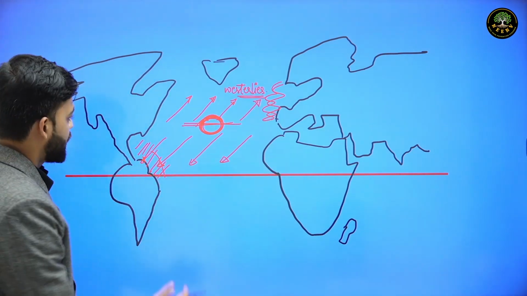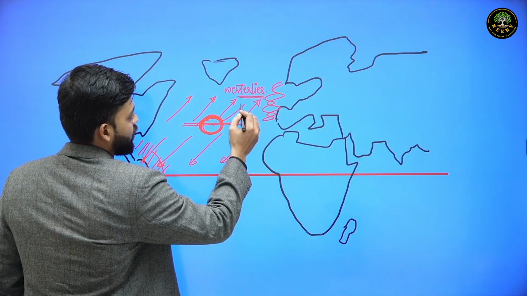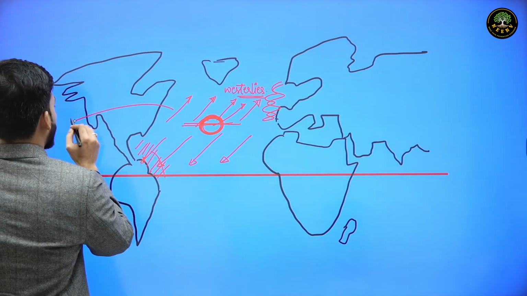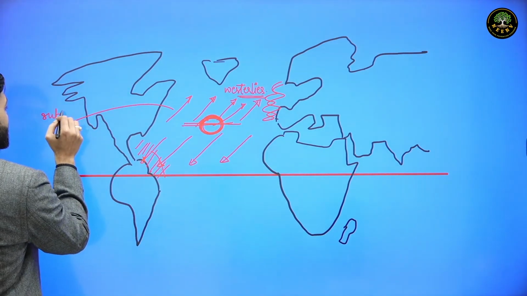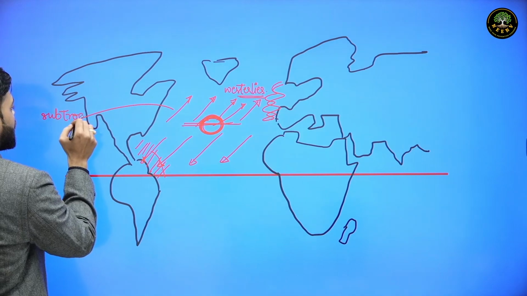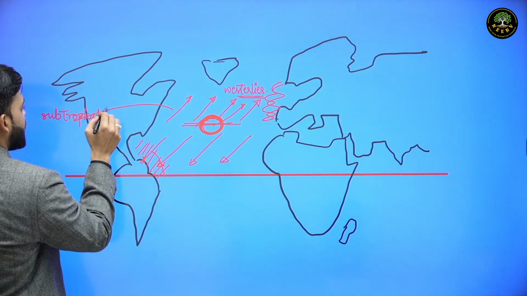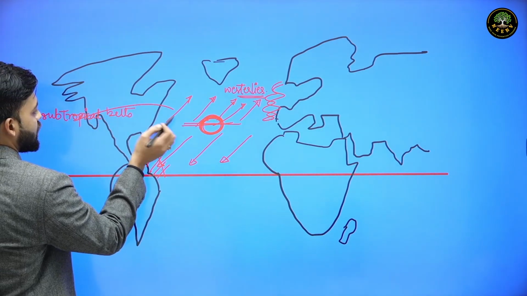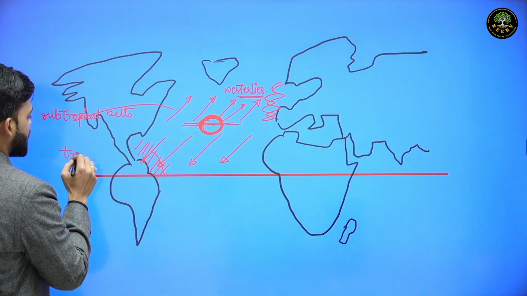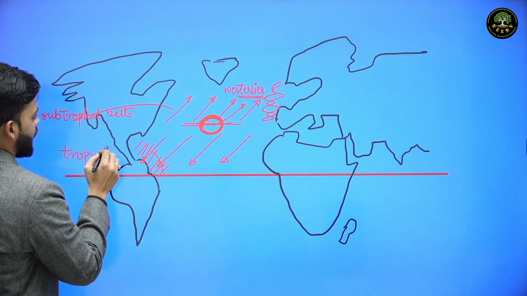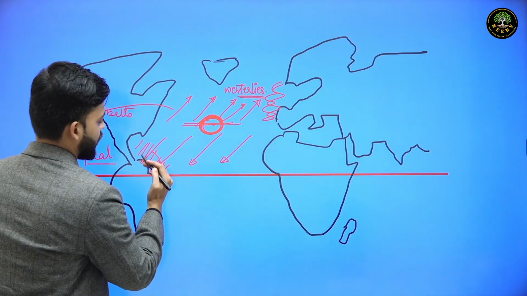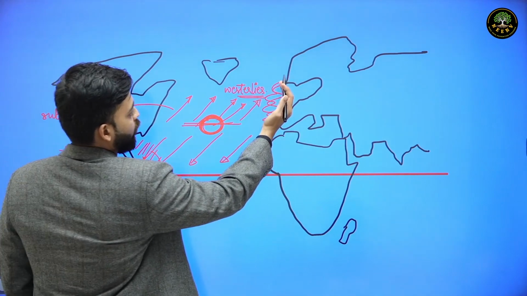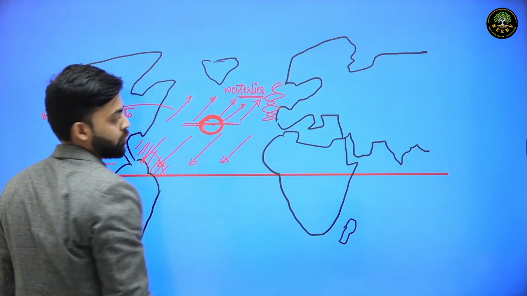So the waters will be drifted in the subtropical belt. In the subtropical belts, this will happen. In tropical belts, this scenario will happen. Water will be brought into the western section of the ocean. Water will be brought into the eastern section of the ocean.